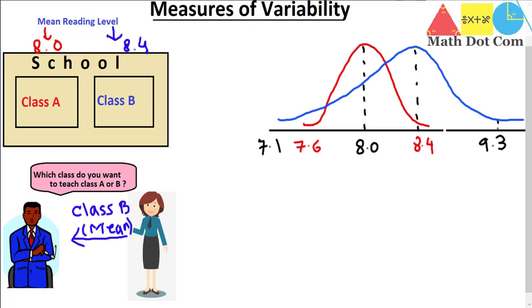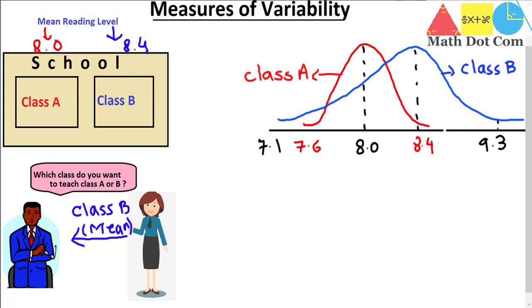So this is the graph of the reading level of class A and class B. If I label them, the red graph belongs to class A and the blue one belongs to class B. What information do these two graphs give us?